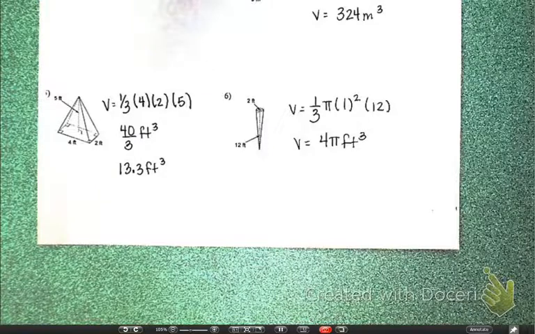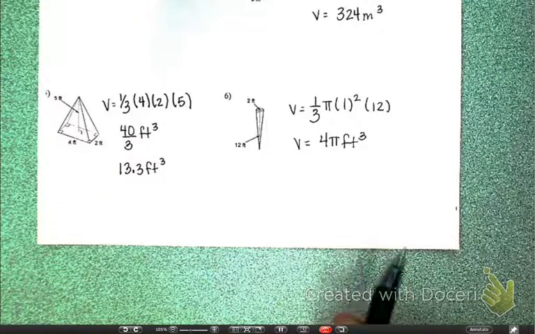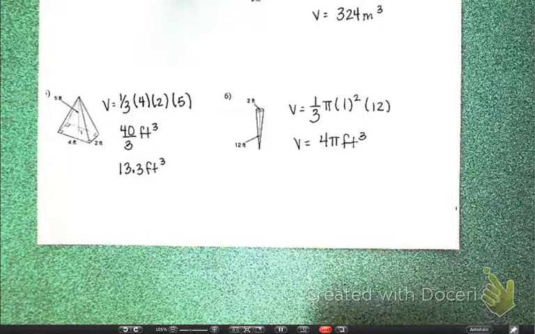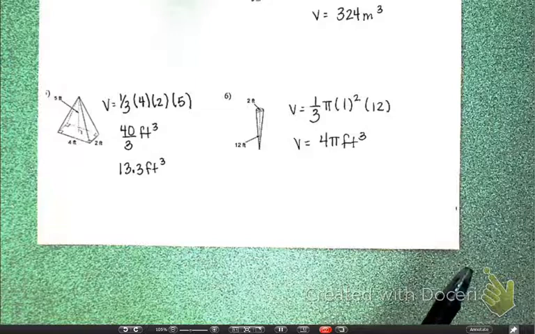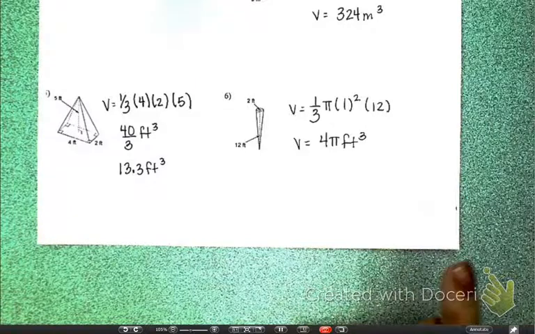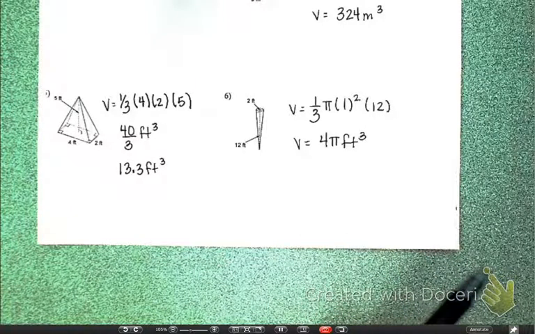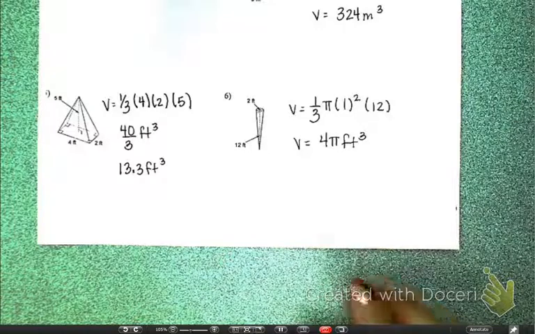There's really only 2 that are new, right? For prisms and cylinders, it's base area times height. For pyramids and cones, it's 1/3 the base area times the height, and you should know area of a circle, area of a rectangle, area of a triangle. Questions on that? Okay.